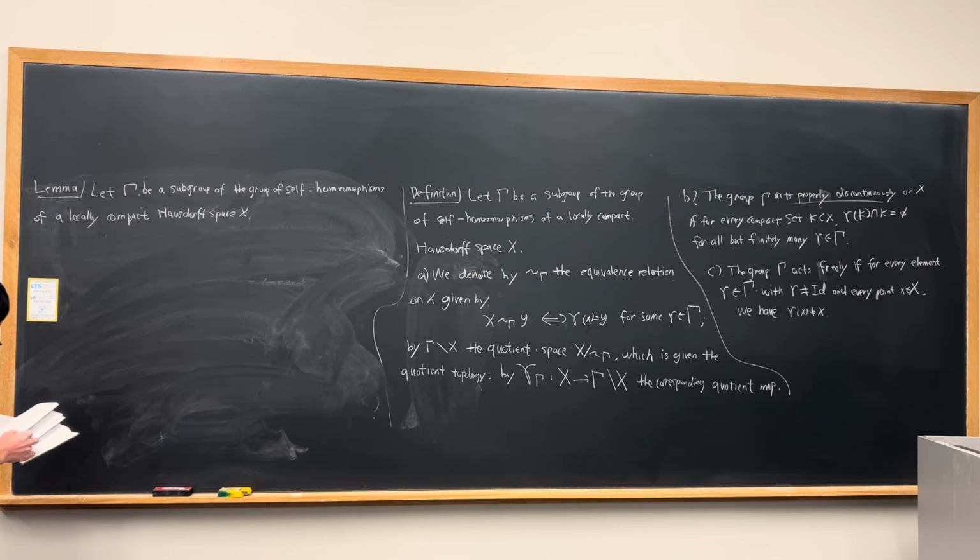I will also say X is locally compact if for every point p in X and every neighborhood U of p, there is a relatively compact neighborhood V of p in U. So that's the definition of locally compact.